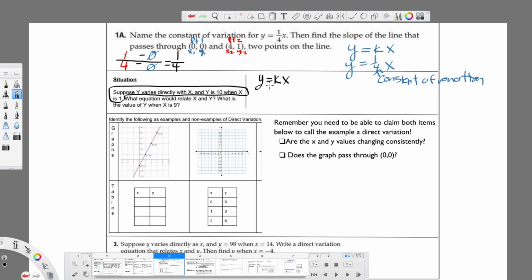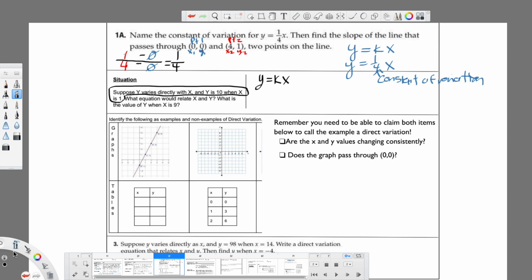That's the equation. That's how we say this. So this would be our equation, but the problem is we need to find our constant of variation. This is just the basic equation before we have filled any pieces in.